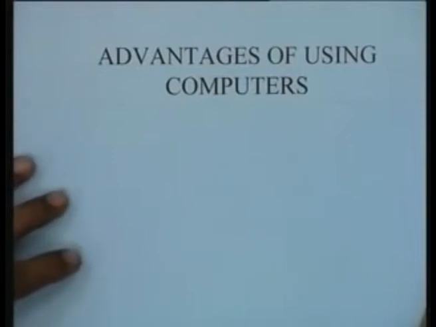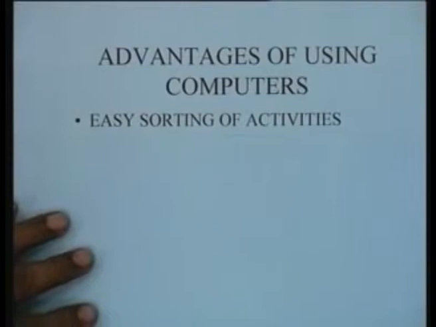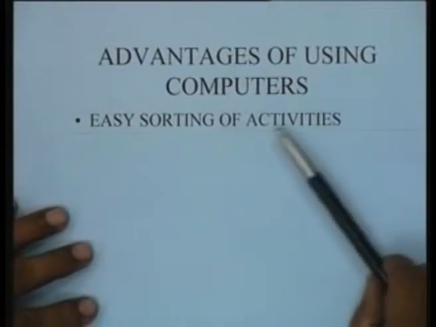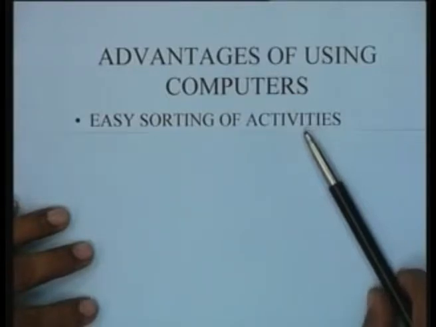When we talk about advantages of using computers, there are many, but some of the significant ones are, probably the most significant advantage of the use of computers in practical project management is that it permits easy sorting of activities. Now this by itself is a major advantage, because quite often practical projects could run into thousands of activities, and quite often the project manager is interested in knowing a variety of things about these activities.